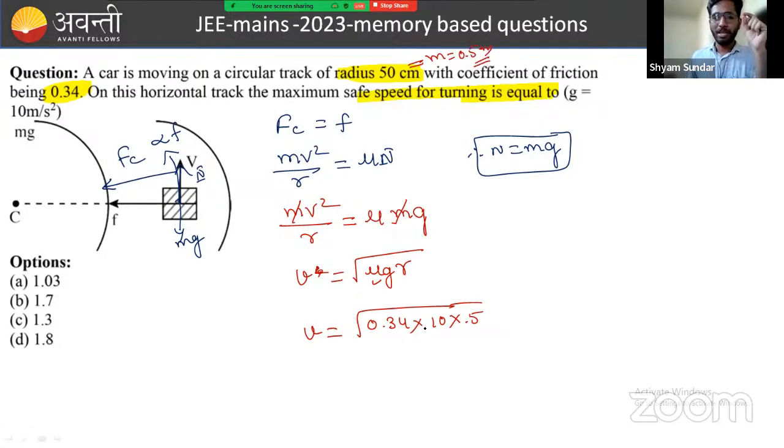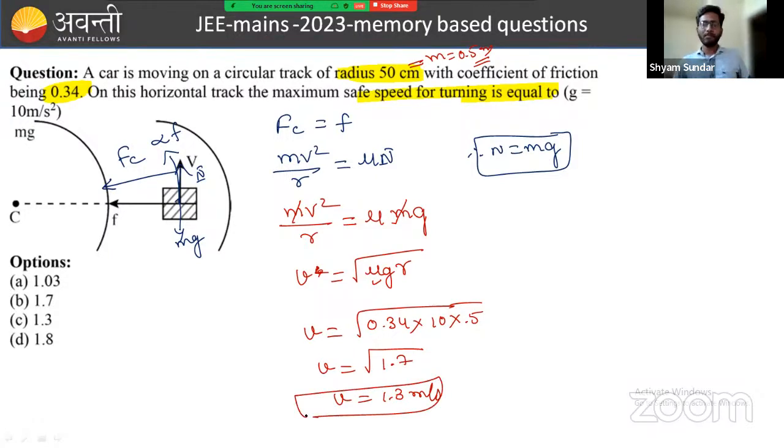After putting this in, 10 into 0.5 is 5, and 5 into 0.34 gives about 1.7, and the square root gives velocity of about 1.3 meter per second. Option C.